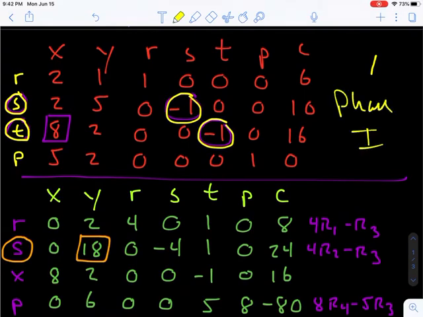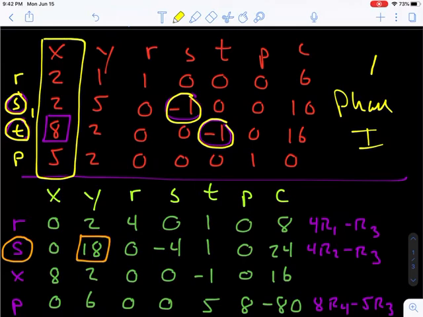So in phase one, we go to either one of our rows that are highlighted. That would be the S row or the T row. And I chose to use the T row. And we look for the most positive number in that row, which was 8. And so I chose the X column then as my pivot column.